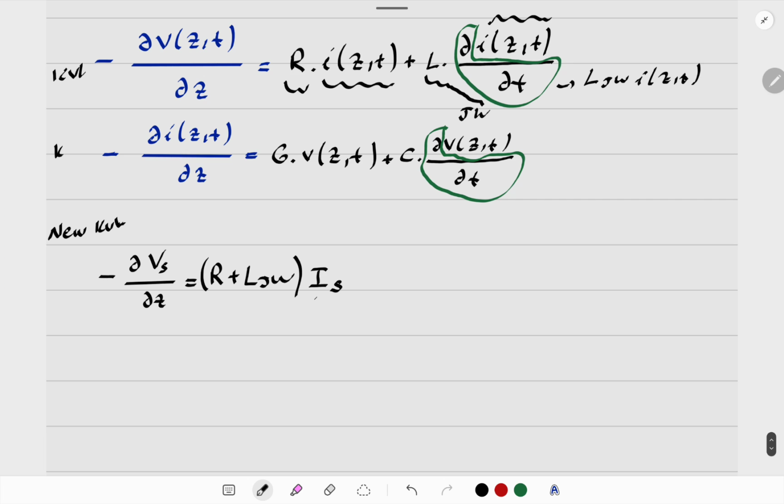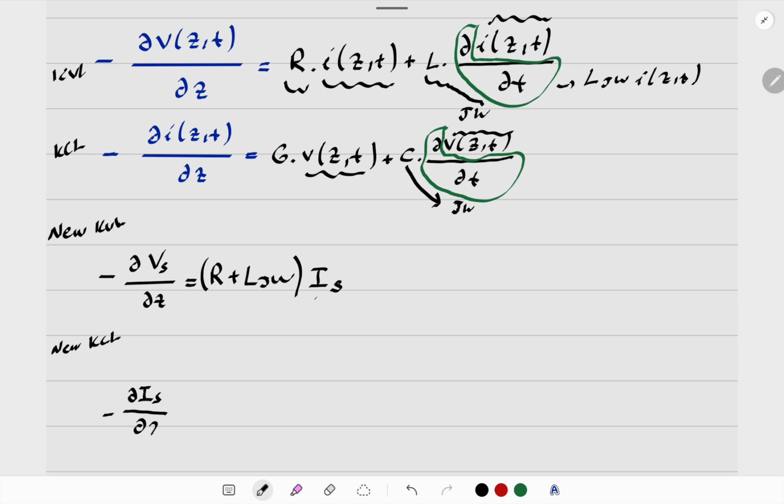And for KCL over here, we can also create a new KCL with the same approach. We have this j omega here, and this v is the same for g and c times j omega. See, c times j omega here. So absolutely the same approach as the previous one.